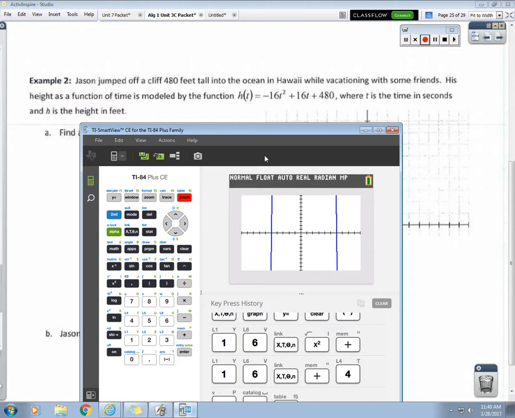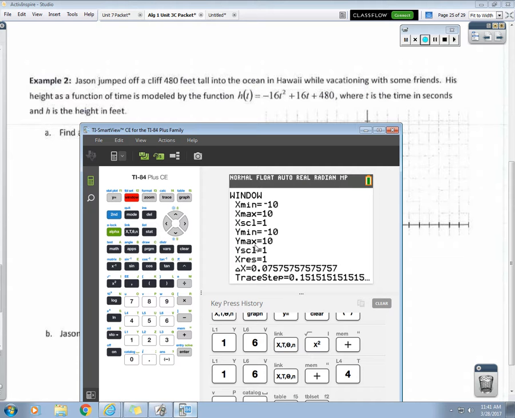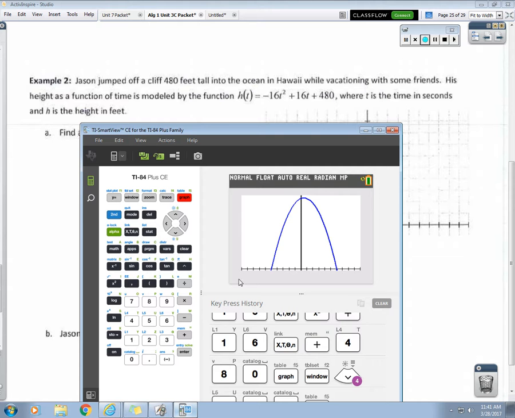Why can we not see the vertex of the parabola? Because it's 480 feet up there, and our window only goes how tall? 10. Like if I went to my window and I went up the y-axis to 500 feet, look what it would look like. See how now you can see it? It's so many notches they didn't even put them. Okay, so that's why the graph looks like that.